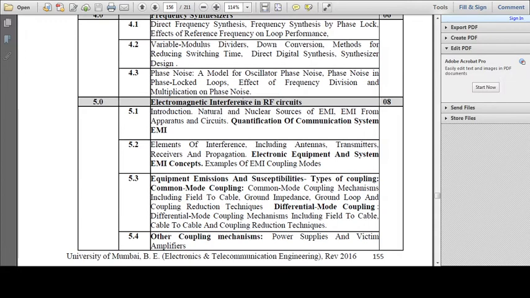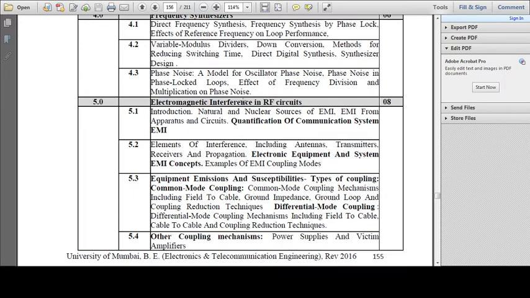Then we go to the fifth module, which introduces how electromagnetic components are affected in RF design circuits. So the fifth module consists of electromagnetic interference in RF circuits.